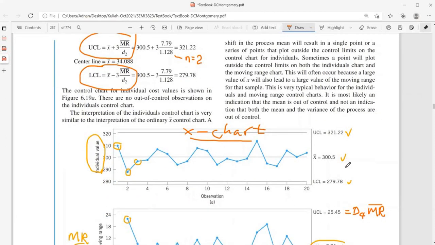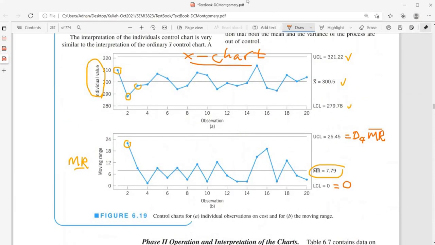Where do you get this value? So this is the X chart. Don't confuse, this is not the X bar chart. This is the X chart, and this is the moving range chart, the MR chart.